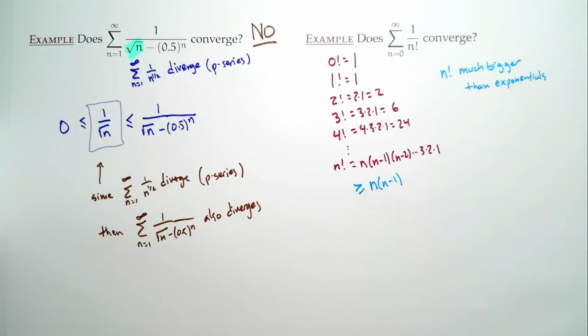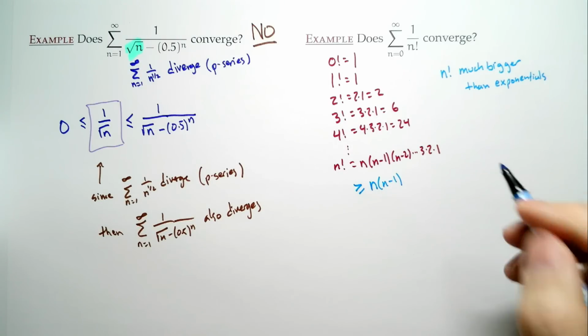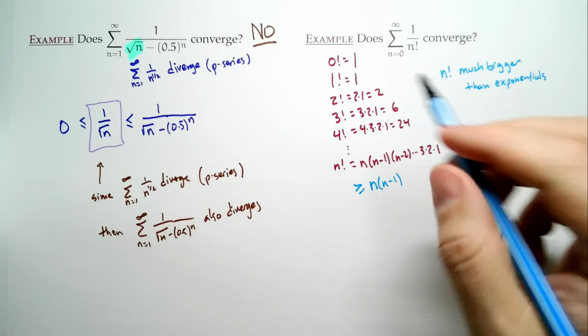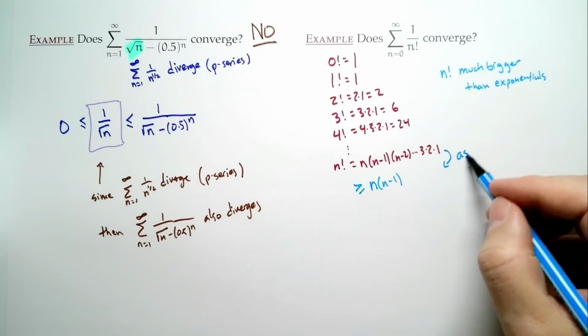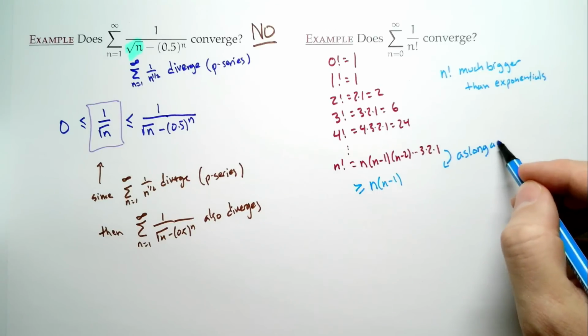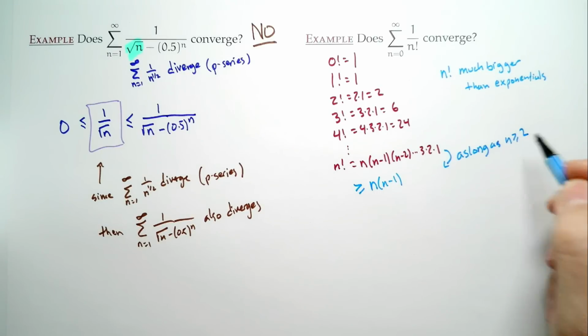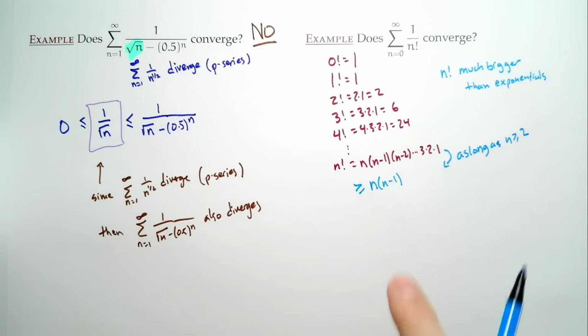Now, when is this true? It's not true at the start, but certainly this step is as long as our n is at least 2. So it just says, take the first 2 terms.